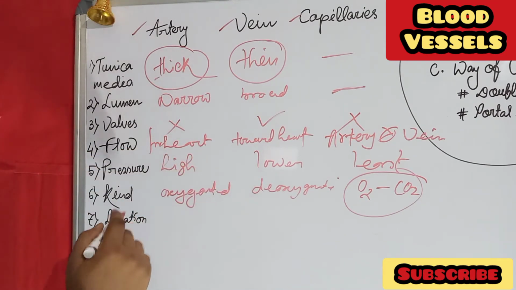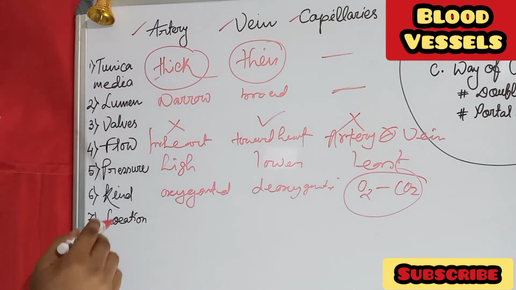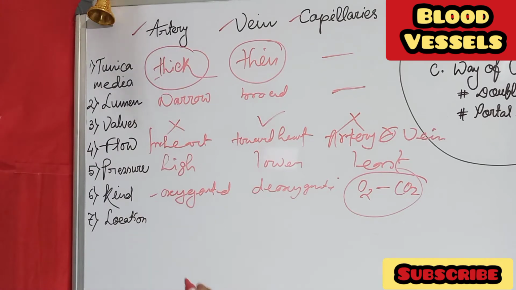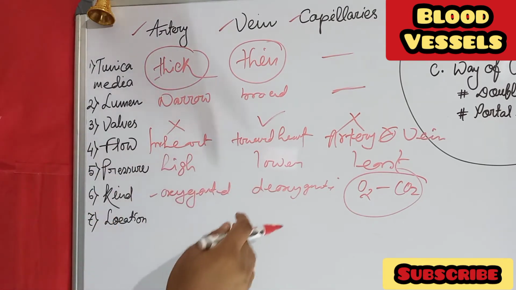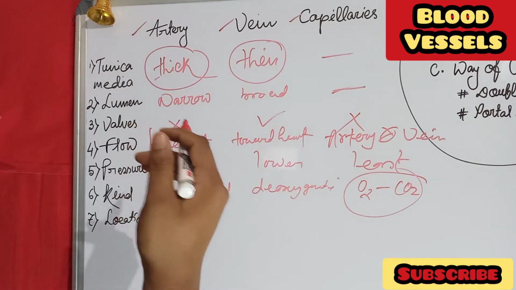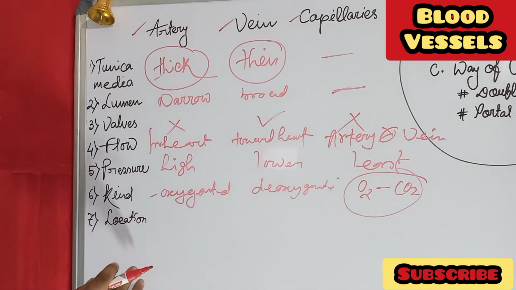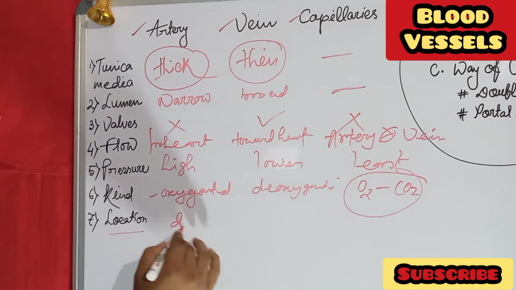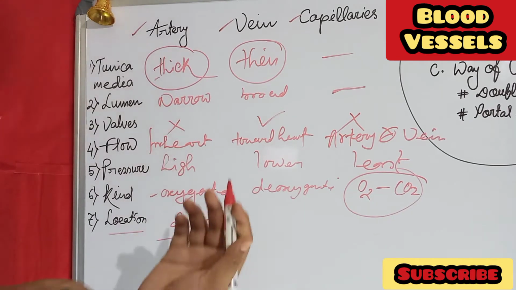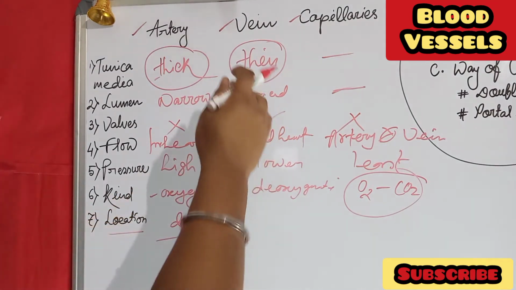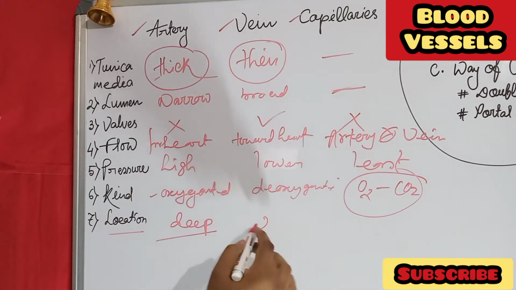Okay, now here is an exception also. The artery carries oxygenated blood, but the exception is the pulmonary artery, which carries deoxygenated blood, and in the veins also there is the pulmonary vein that carries oxygenated blood. And the last of these points is their location. The artery is seated deep, because on the upper side you can't feel it, it is so much inside, but the veins are placed in a relatively upper portion.